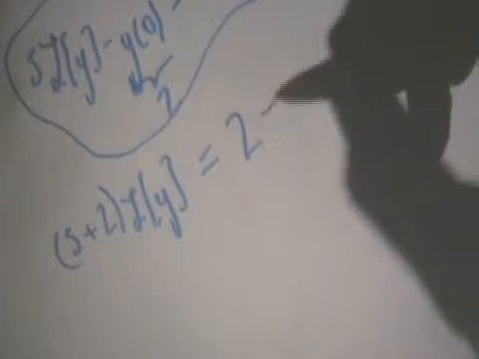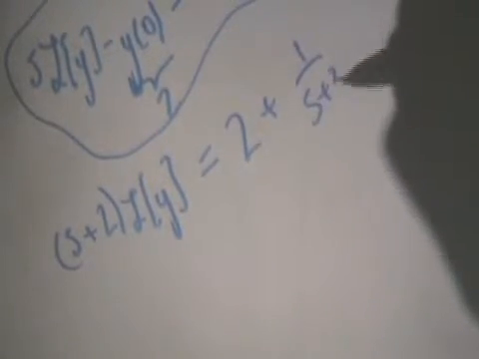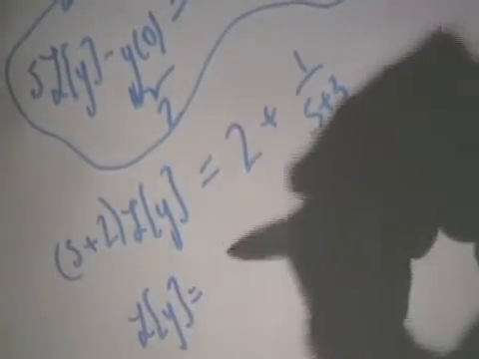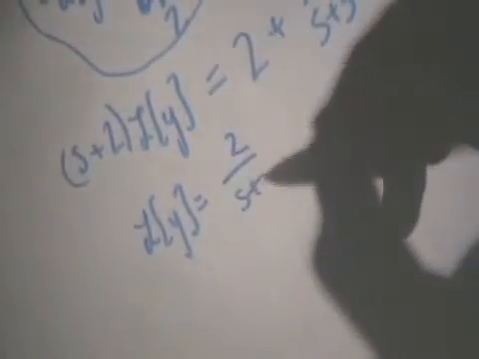Think about that for a minute. On the right side, I'm going to end up with everything that doesn't involve the Laplace transform of y, because I'm going to add 2 to both sides of this equation to get 2 plus 1 over s plus 3 on the right. Now I just divide both sides by s plus 2 to get this.